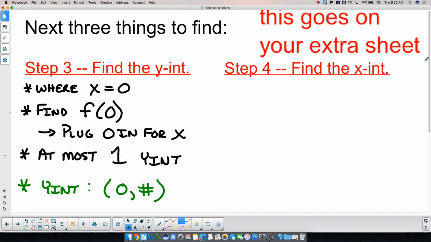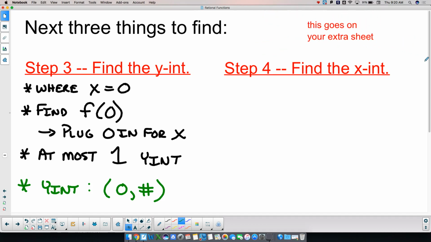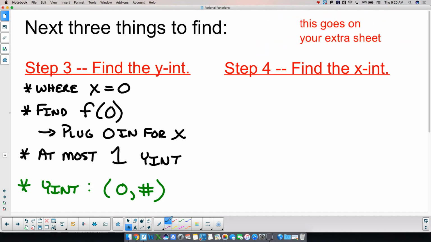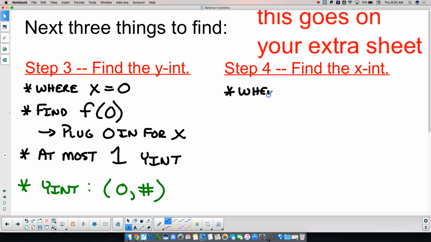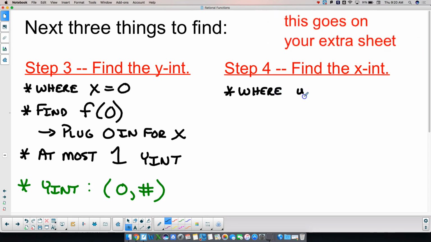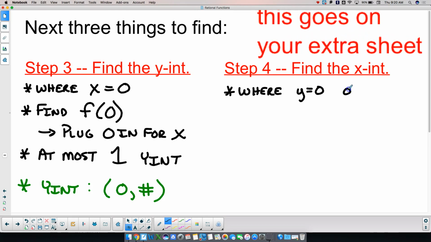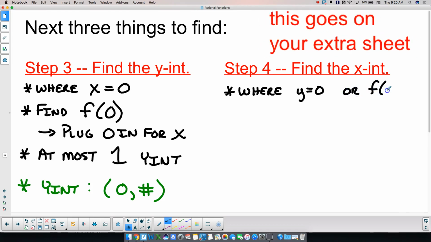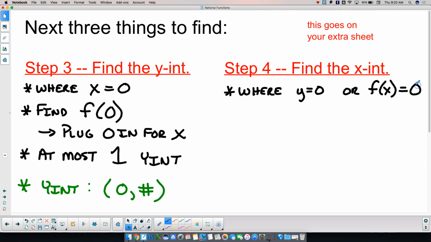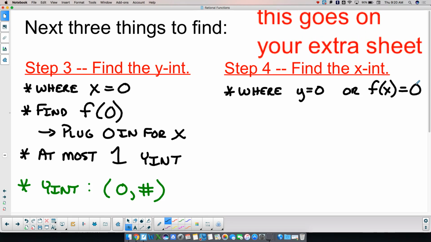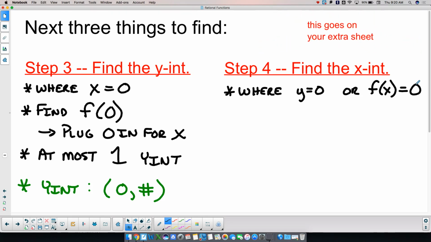Step 4 says we're going to find now the x-intercept. The x-intercept is where y is equal to 0, or where f of x is equal to 0. Where the value of my function is 0.